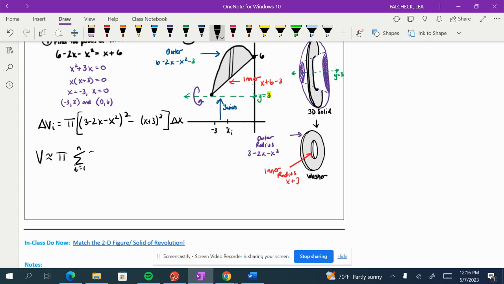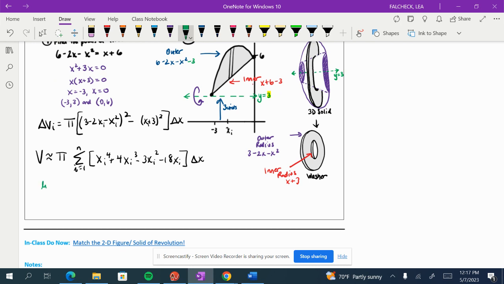That will give me, oh, I forgot the little i's down here, sorry: x_i to the 4th plus 4x_i to the 3rd minus 3x_i squared minus 18x_i, delta x. So that is going to be our Riemann sum.